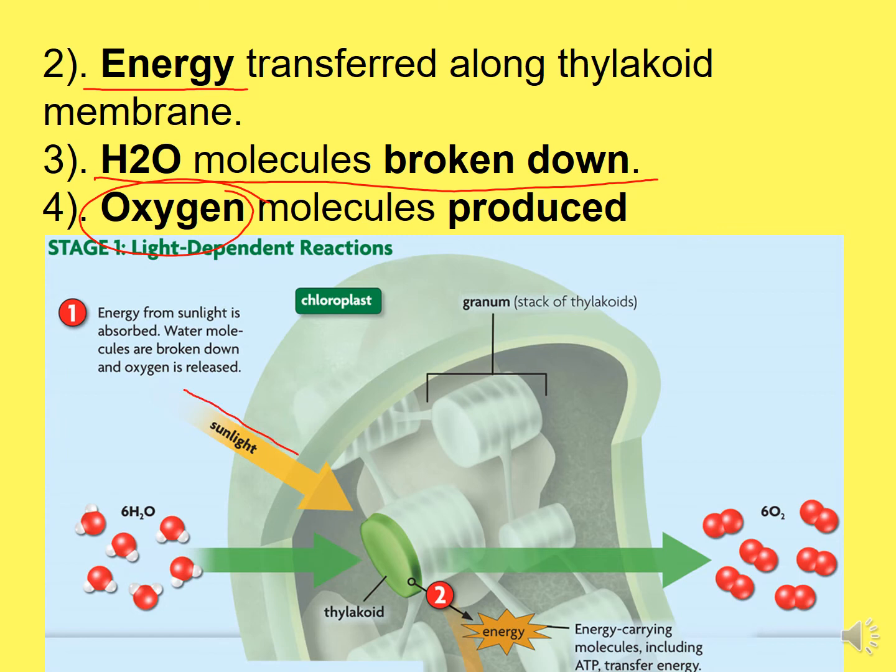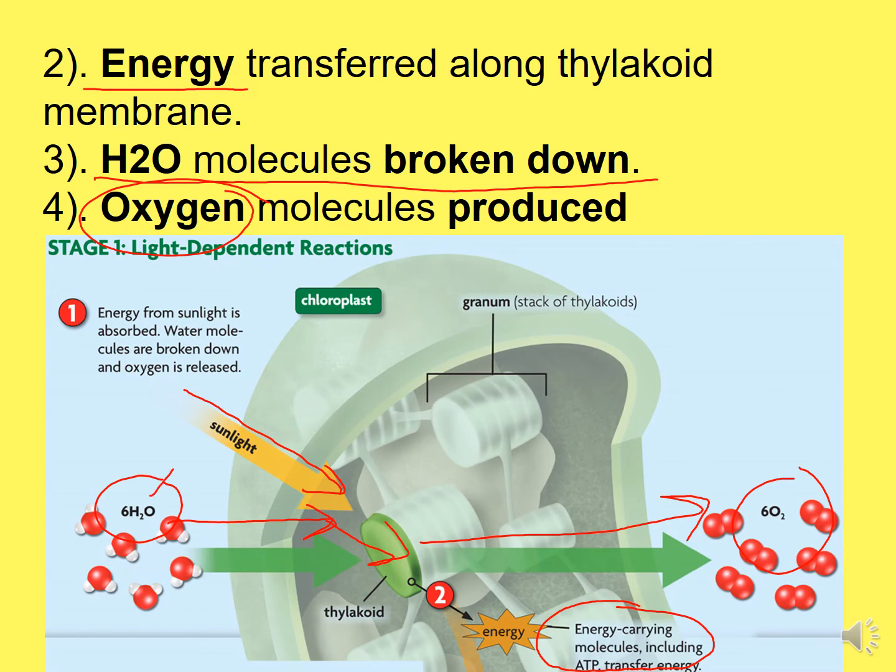We have the sunlight and we have water. Here's the thylakoid, which is where our energy takes place because the thylakoid is inside. It captures the light from the chlorophyll. Once the sunlight and water come together, it gives you the 6O2. So that's 6 water molecules breaking down into 6 oxygen molecules.